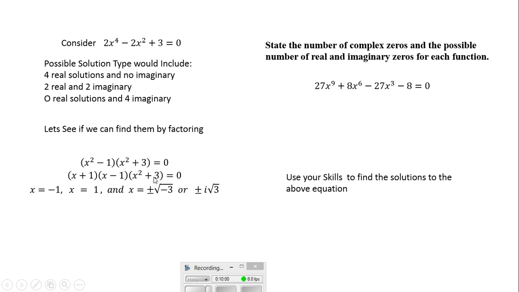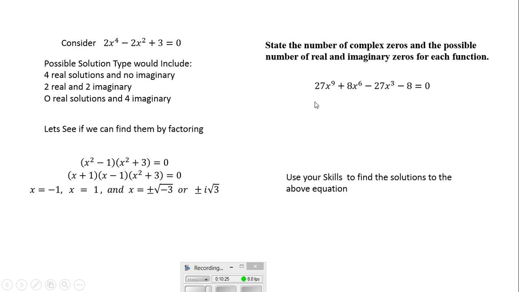X squared plus 3 has no real solutions when set equal to 0. It has imaginary solutions, okay? So the four solutions to this equation are two reals, 1 and -1, and two imaginary, i root 3 positive and i root 3 negative.